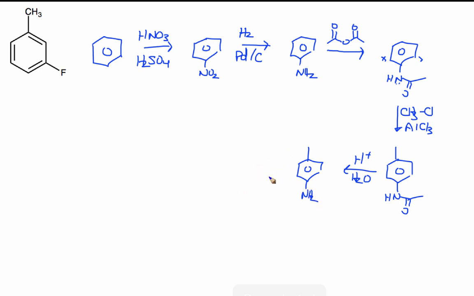And now that we have this activating group, which is an ortho-para director, we can install a nitro group ortho to it, which will make the nitro group meta to the methyl. It's just nitric acid, sulfuric acid.